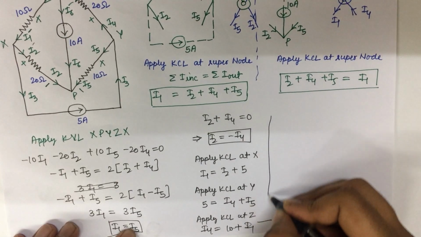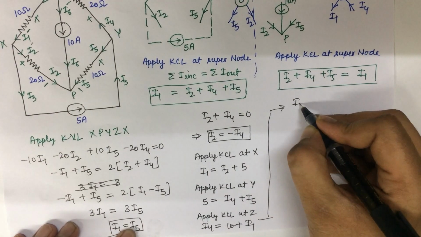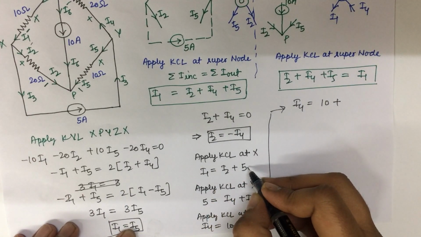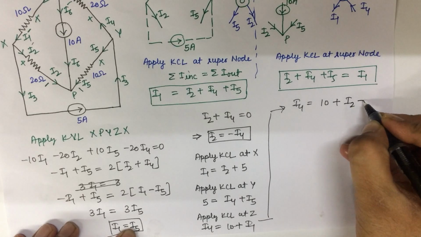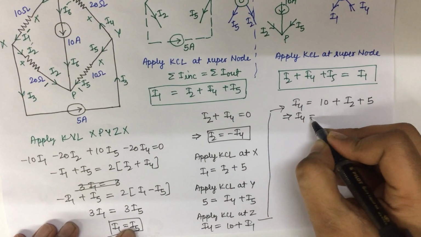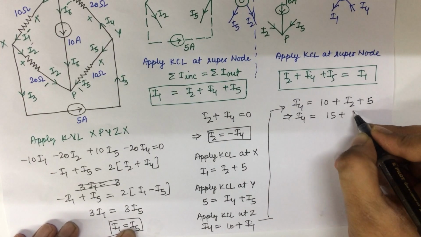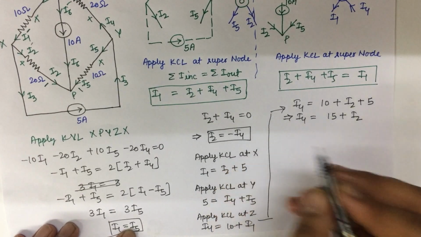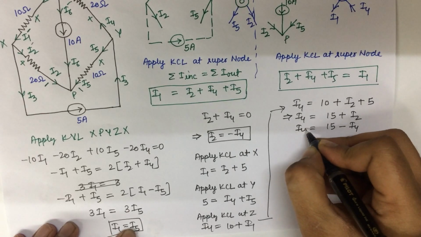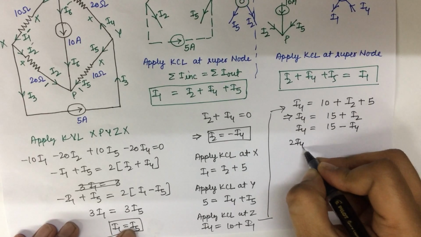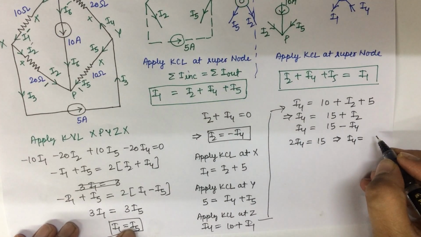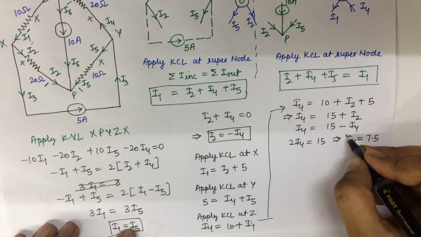Now from this equation, I4 is equal to 10 plus I1, and put the value of I1, meaning I2 plus 5. So here we derive I4 is equal to 15 plus I2, and we know that I2 is equal to minus I4. So twice of I4 is equal to 15, and I4 is equal to 15 by 2, that is 7.5.